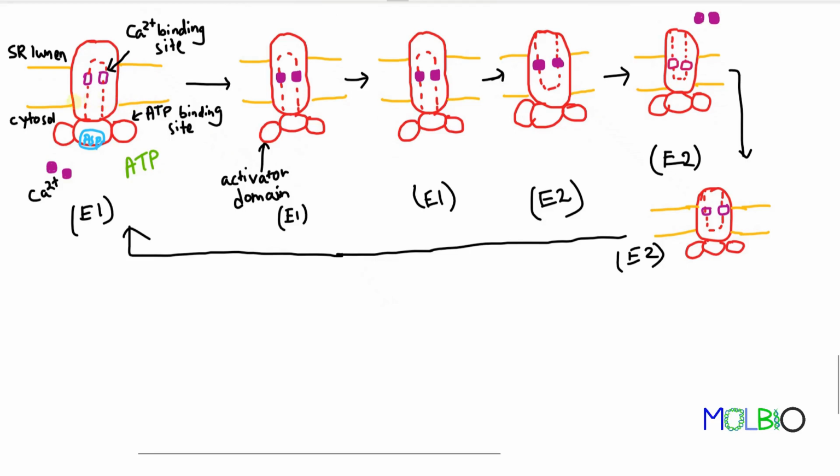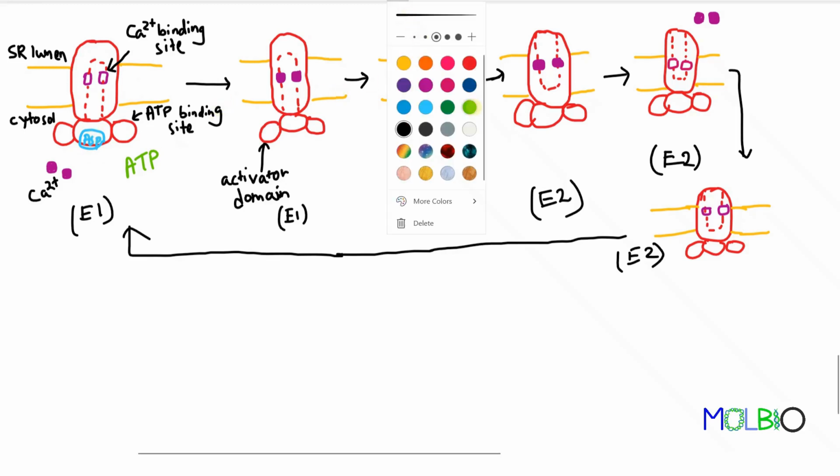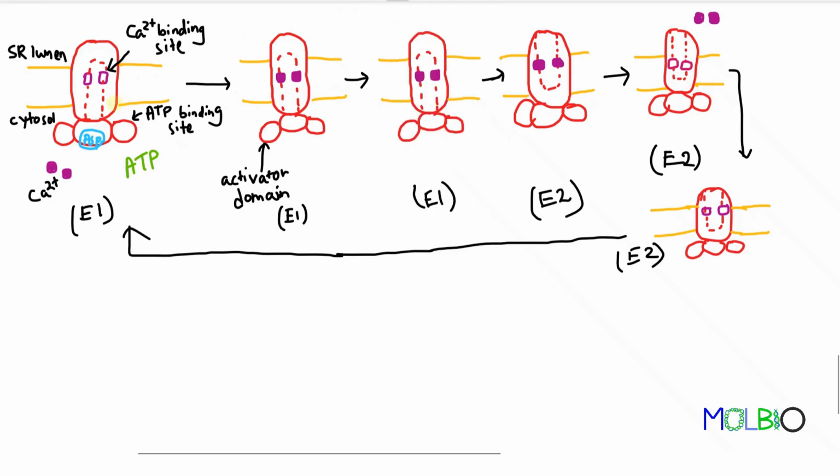So here the yellow line is the SR membrane, and you see there is an aspartate group in the cytosolic side of the calcium pump.